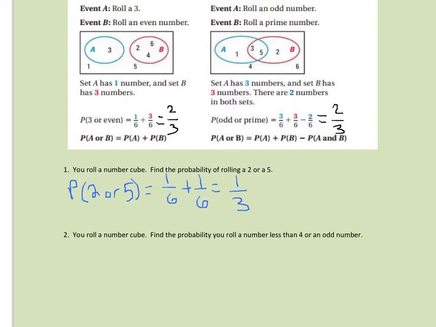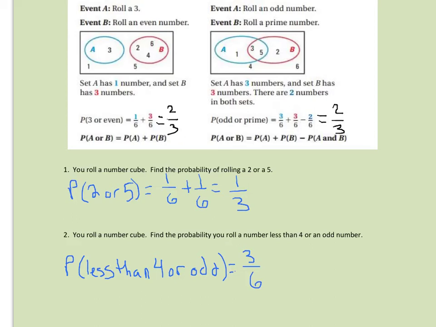You roll a number cube. Find the probability you roll a number less than 4 or an odd number. So less than 4: 1, 2, 3. So the probability of less than 4 or odd equals, well, the probability of event A, less than 4, I have 3 of them.